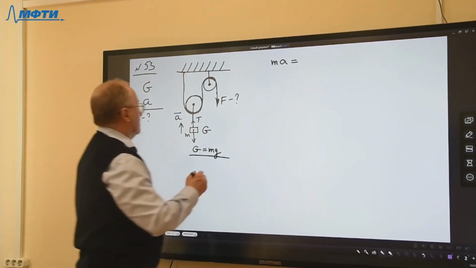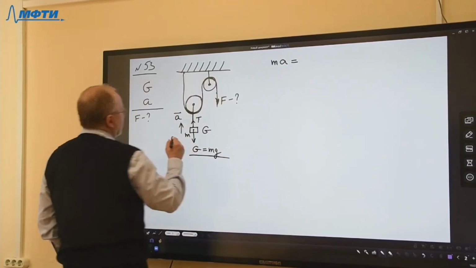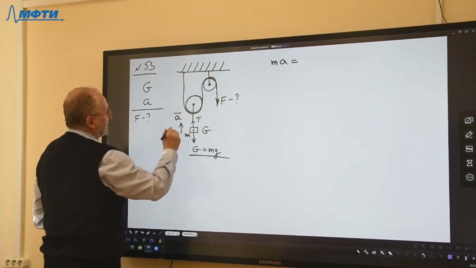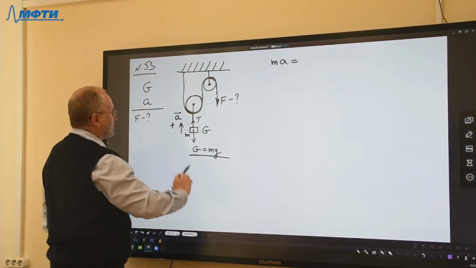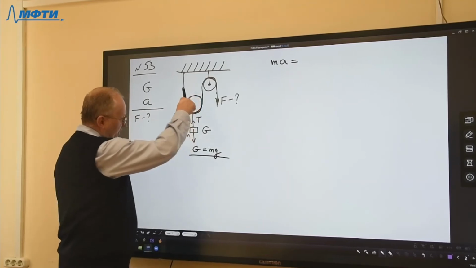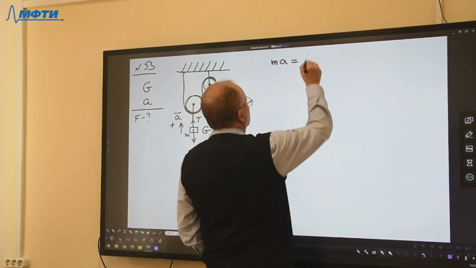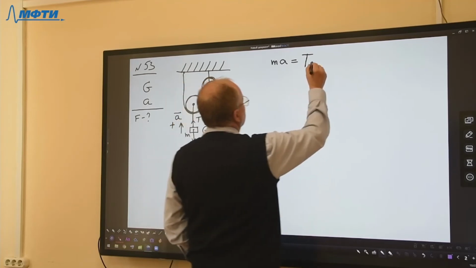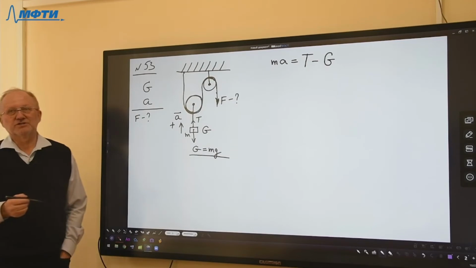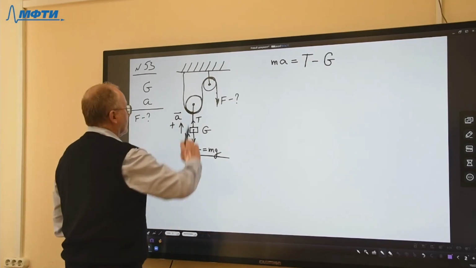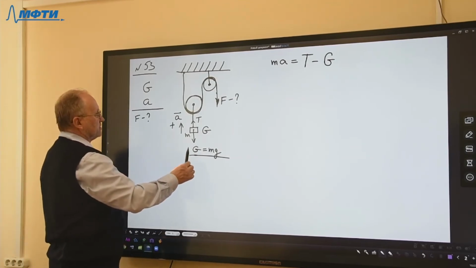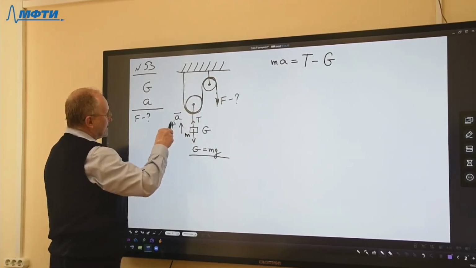So only two forces acting here, and if we assume that the direction upward is positive, then all the vectors looking upward will be positive, and all the vectors looking in the opposite direction will be negative. So the force of tension T will be positive, and the force of weight G will be negative in this equation, because these two forces have opposite directions, and the direction upward is taken to be positive.